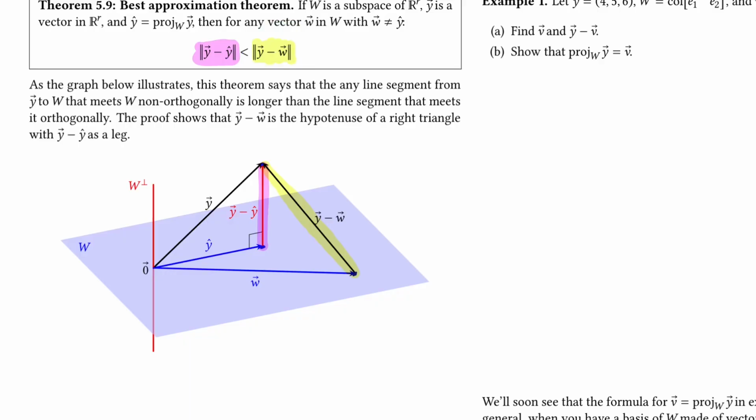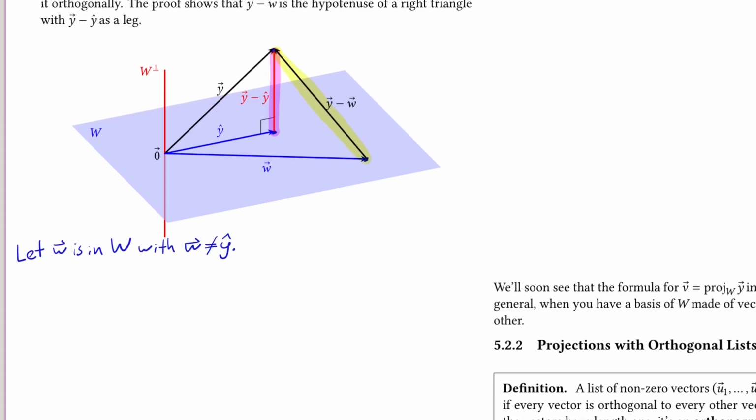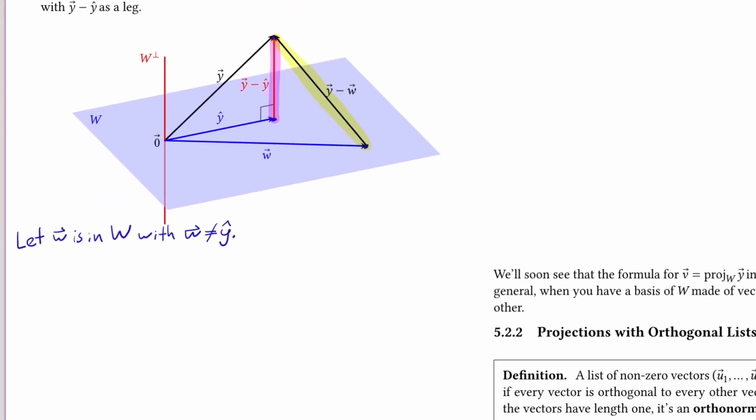Now the proof of this is actually pretty simple. It's kind of nice, so let's prove it. Let's say that w is any vector in the subspace W with w not equal to y hat, just like the picture shows. Now we know that W is a subspace of R^n. That was the assumption, which means it's closed under vector addition and scalar multiplication.